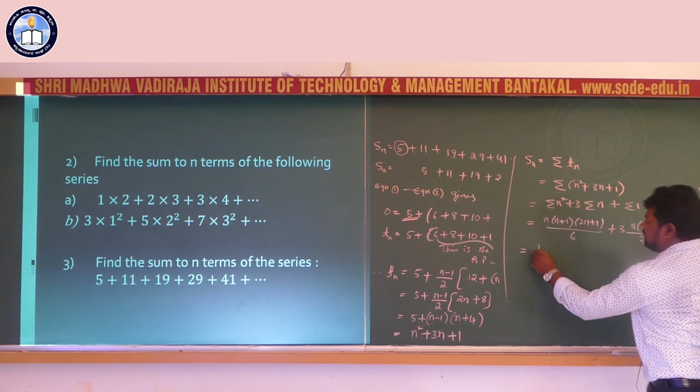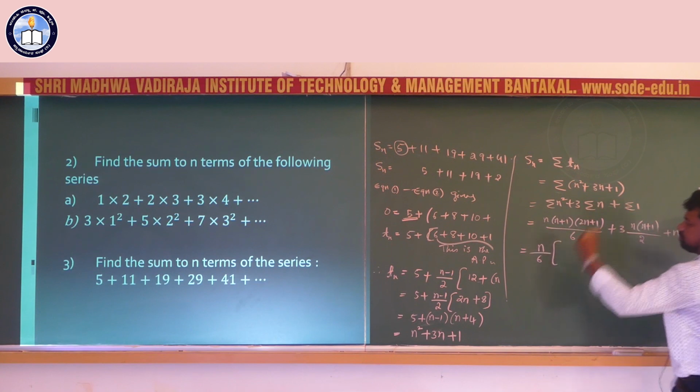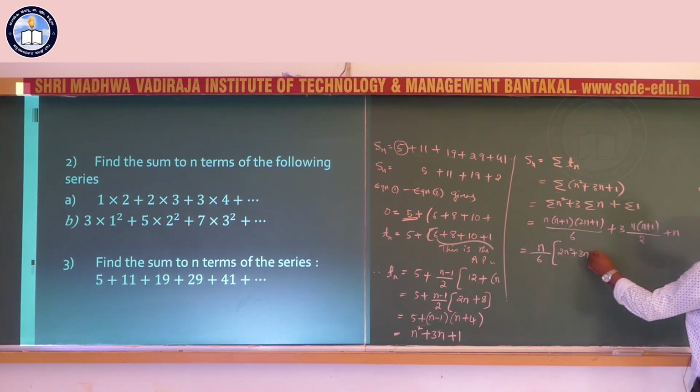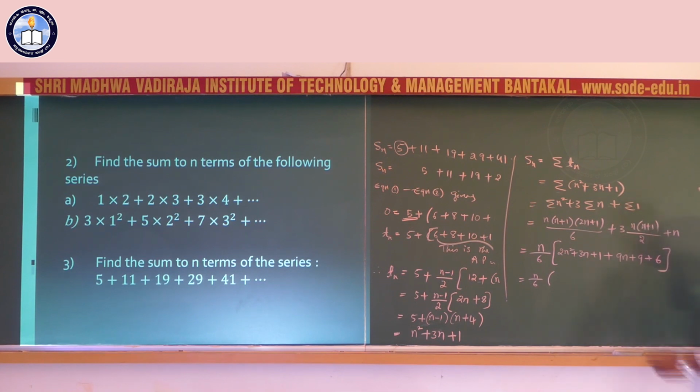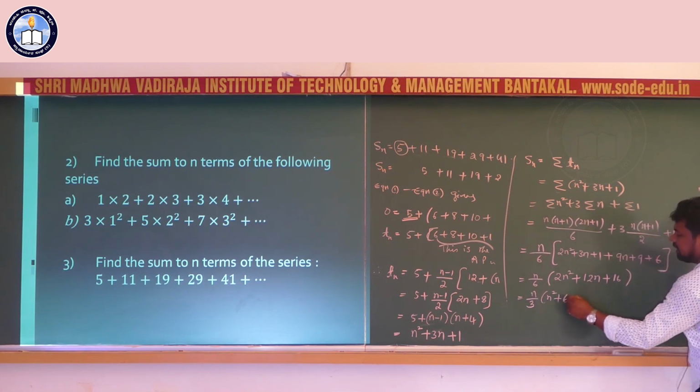Here in all the terms n is common, I take LCM as 6, that is equal to 2n square plus 3n plus 1, multiply these two, plus, here 2 is the denominator, I made 6 the common denominator, so multiply by 3, here also multiplied by 3, 3 into 3 is 9, n I taken outside, therefore it is 9n plus 9, plus, here I take n outside, so into 6, that is equal to n by 6 into 2n square plus 3n plus 9n is 12n, plus 1 plus 9 plus 6 is 16, that is equal to n by 3 into n square plus 6n plus 8.